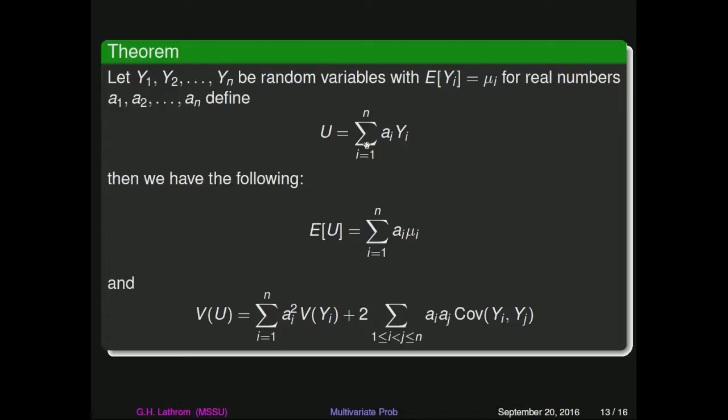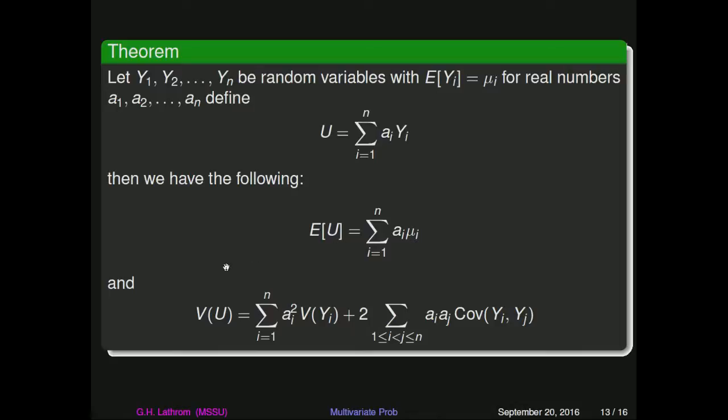So if u is the sum from 1 up to n of a sub i y sub i, then I have a probability distribution associated with u, and I know that the expected value of u will be the linear combination of the expected values for the y sub i. So it will be the sum from 1 up to n of a sub i times mu sub i.